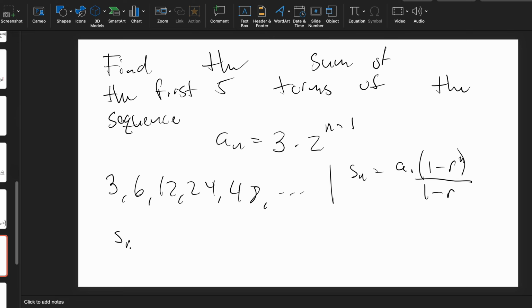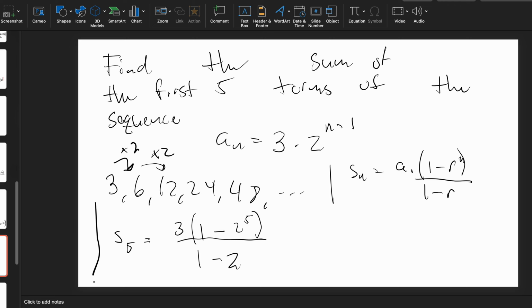So S sub 5 in this case will be 3, because that's my a sub 1, times 1 minus 2 to the 5. 2 is my common ratio, right? I'm multiplying by 2. All over 1 minus 2. And that would be the answer. You could plug that into your calculator and you get some number. But generally, that's how you would do this question.